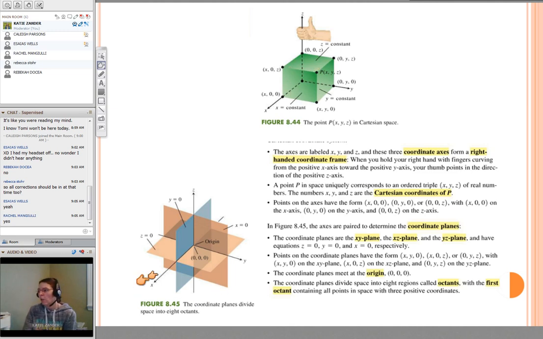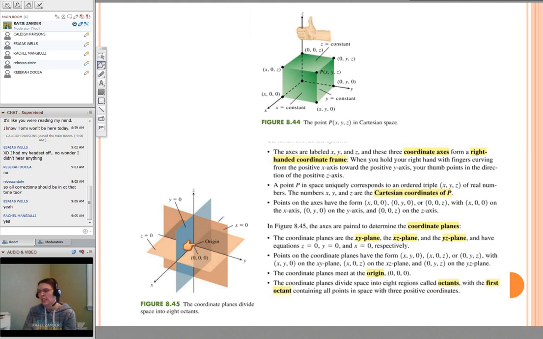The X is the one that goes front to back, and the Y is the one that goes left to right. So we can see that it's kind of split into 8 different regions now instead of just 4. So you got kind of 4 regions on the top and kind of 4 regions on the bottom. So there are 8 octants, they call them, in our three-dimensional system here.